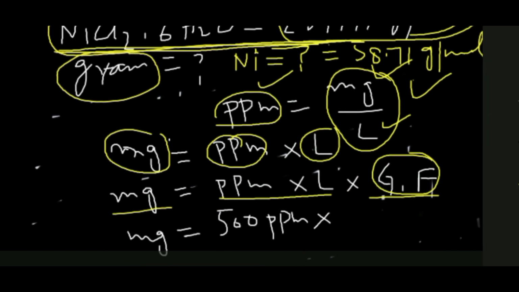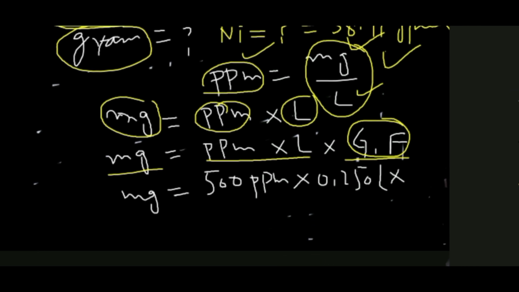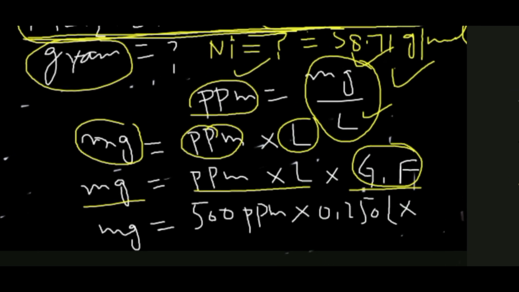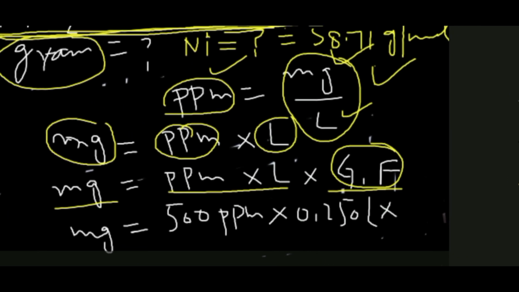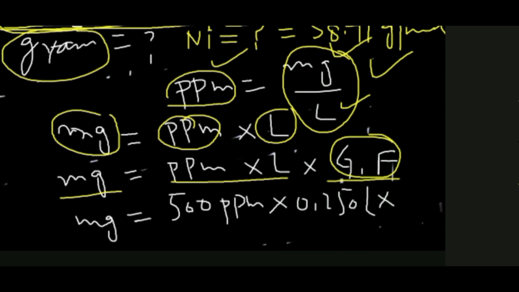So we can write here that that is equal to 0.250 liter into a gravimetric factor. The gravimetric factor is equal to the formula weight of the salt you have to use for making the ppm solution, divided by the atomic weight of the element of which the ppm solution is to be prepared.